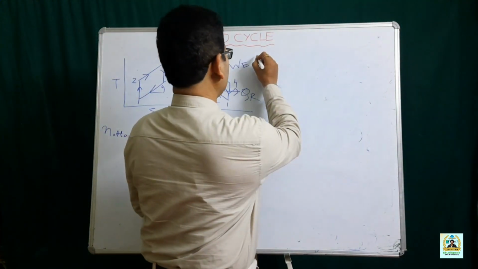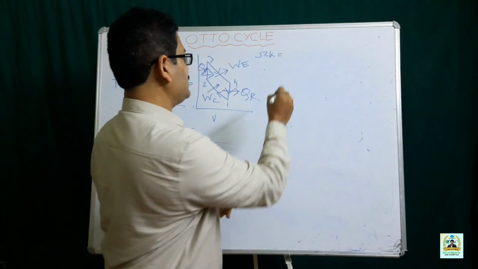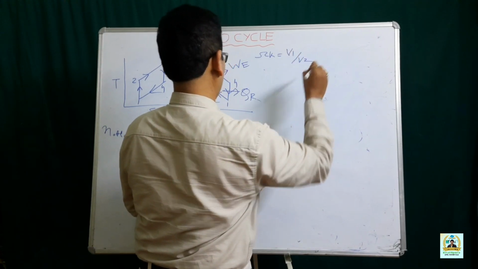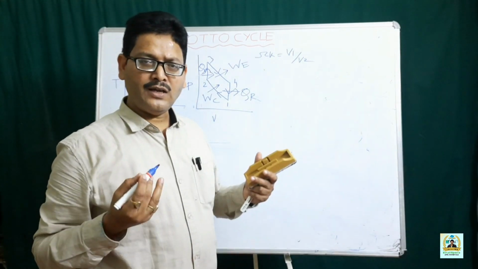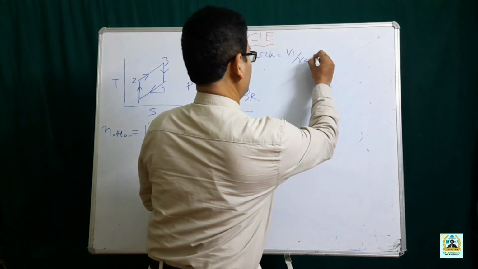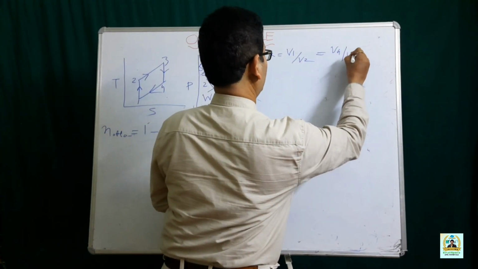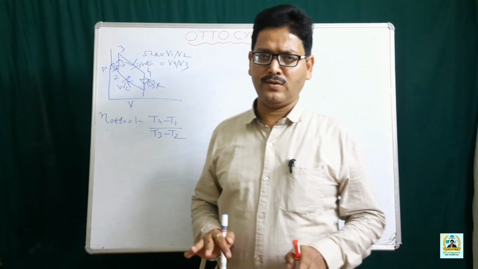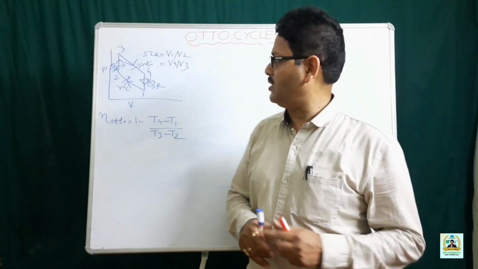So compression ratio, usually represented by r_k, is V1 divided by V2. That is also equal to the expansion ratio when it comes to your Otto cycle, that is equal to V4 by V3. So now we'll derive an expression for the air standard efficiency in terms of compression ratio.